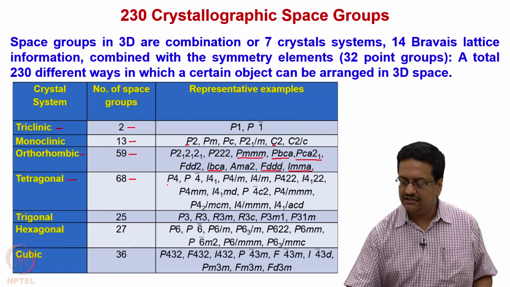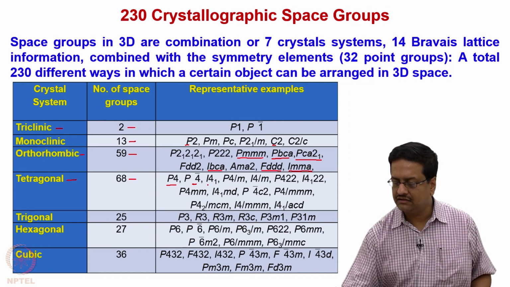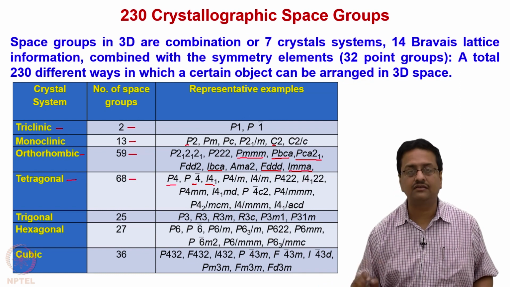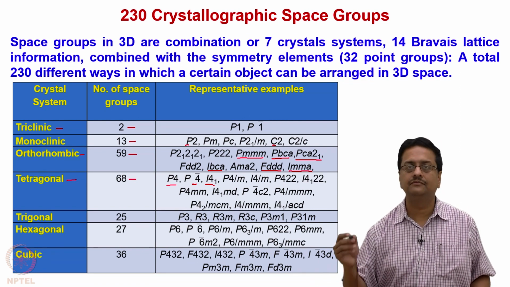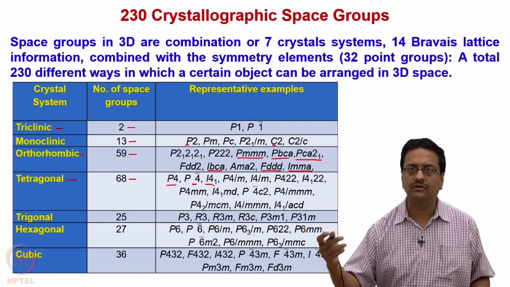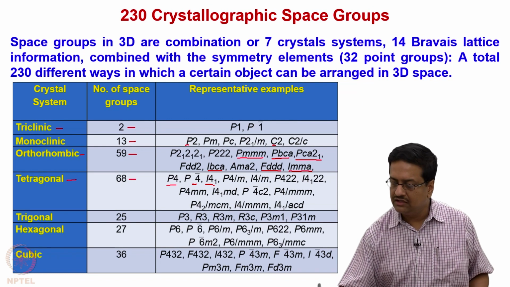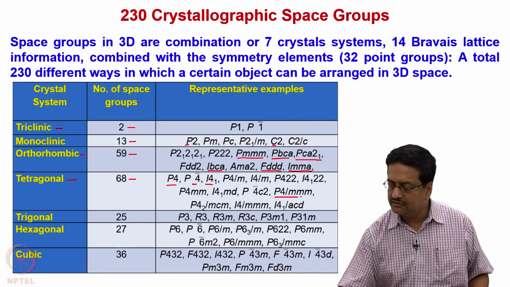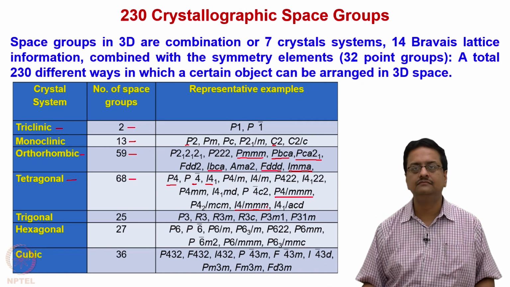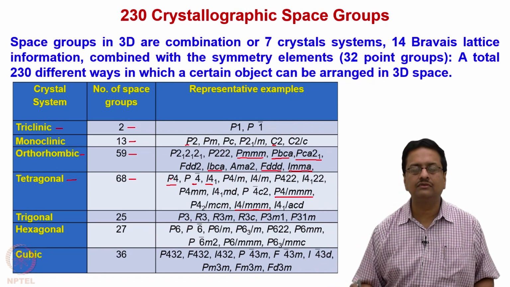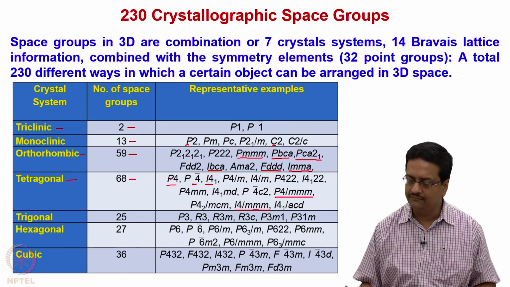And once again, here you see that it can be P4, P4 bar, I4, because in tetragonal you can have primitive and body-centered lattice, and you can have point groups either 4 or 4 by M or 4 by MMM. So there are tetragonal space groups like these as well. So when we see P4, this means it is primitive and you have a 4-fold axis parallel to Z.